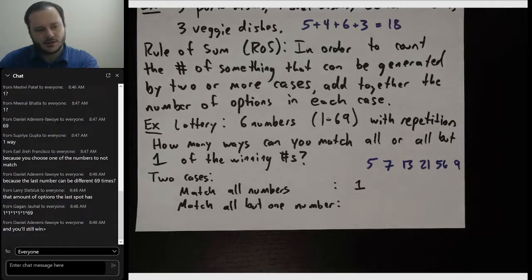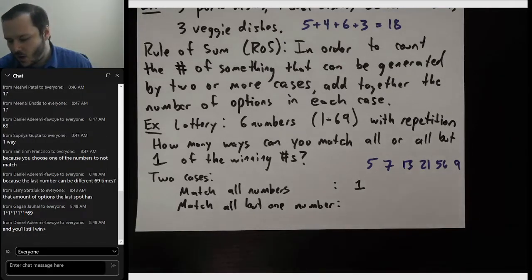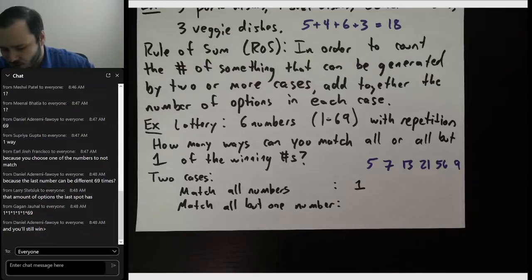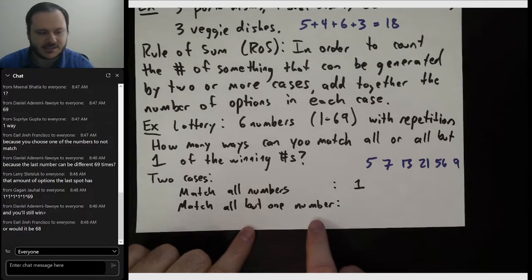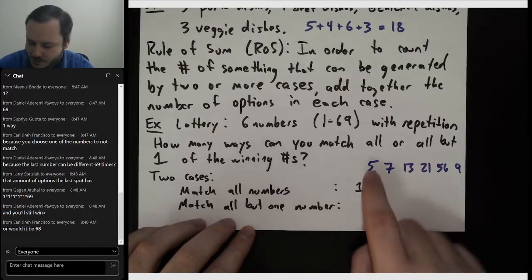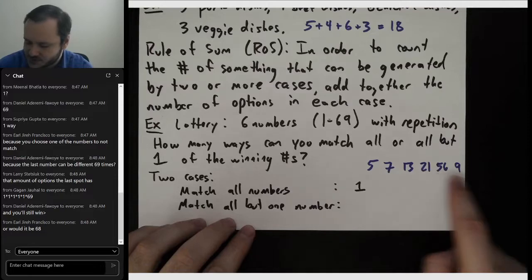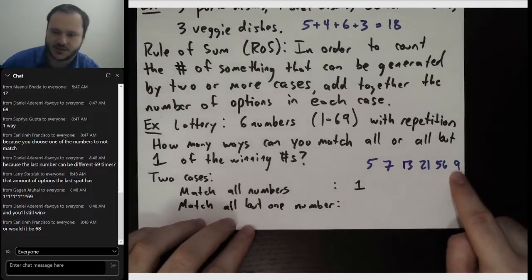So how many options are there if I want to match all but one number? I see the argument, okay, well, 69 options for the last one.